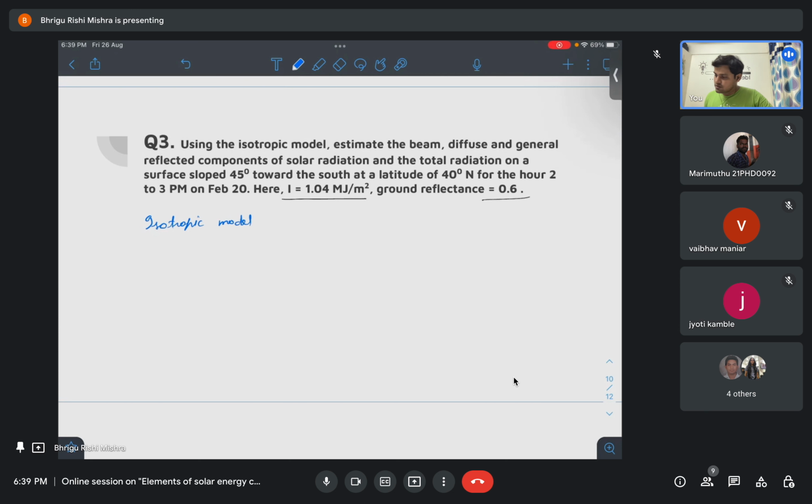So for the isotropic model, IT is IB RB plus ID times (1 plus cos beta) by 2 plus I rho g times (1 minus cos beta) by 2.